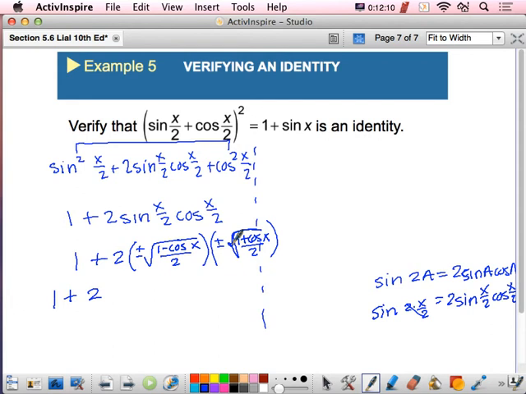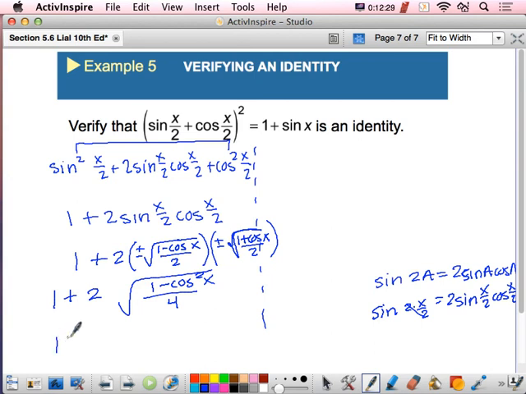And then I have the square root times the square root, which is the square root of 1 minus cosine squared. If I FOIL those tops out, I get 1 minus cosine squared over 2 times 2, which is 4. Well, what is 1 minus cosine squared? Sine squared.